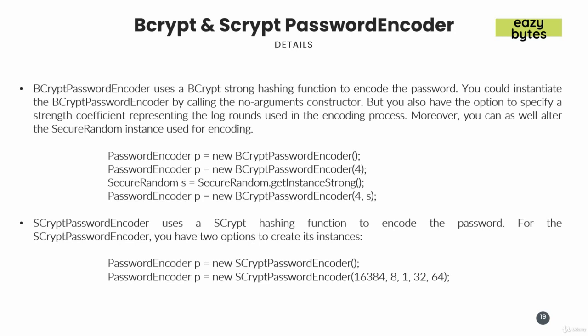To avoid that, we have a more recent password encoder, the SCrypt password encoder. It accepts many parameters, which not only make the hacker take exponential time to decode your hash, but also take exponential memory from whoever wants to decode the password hash.